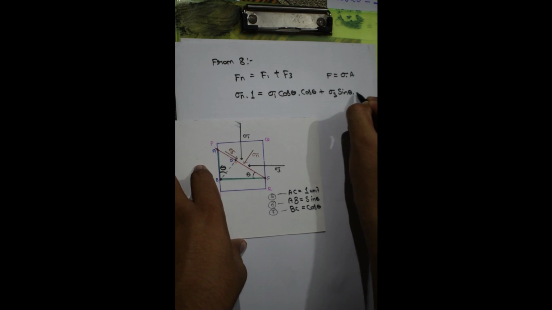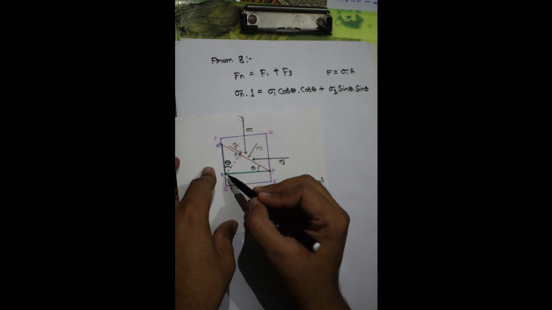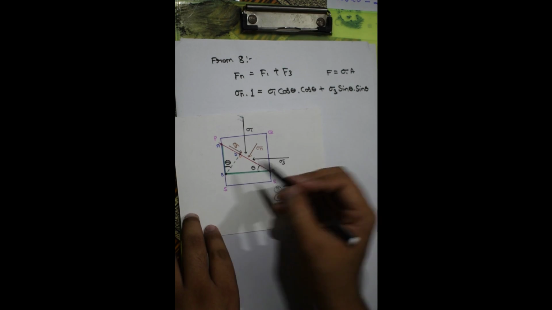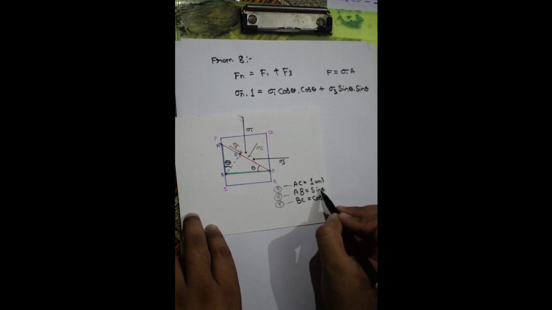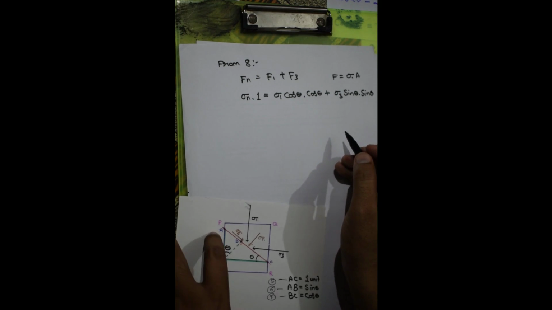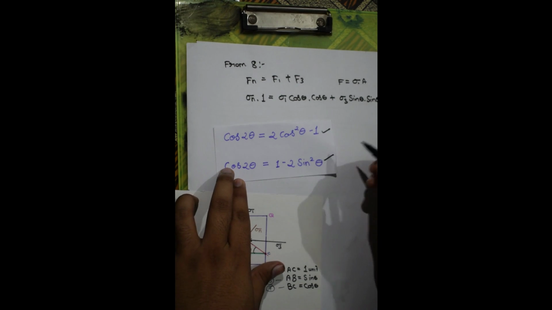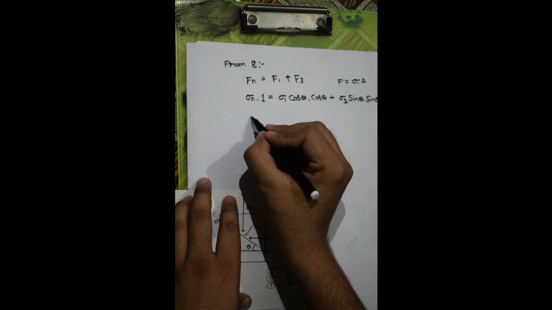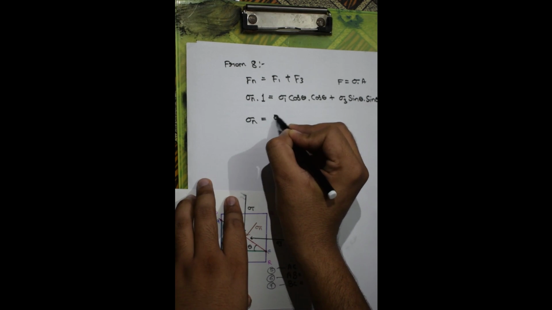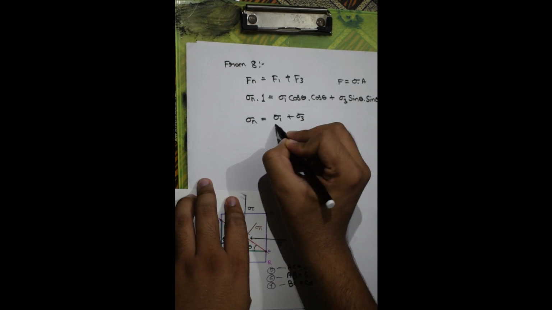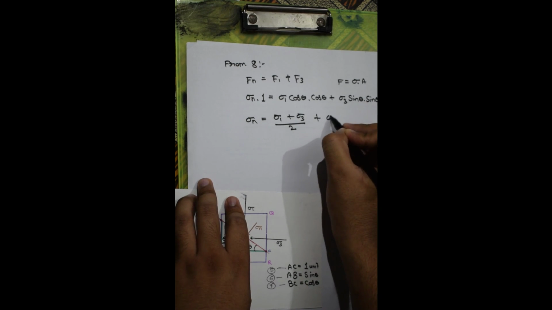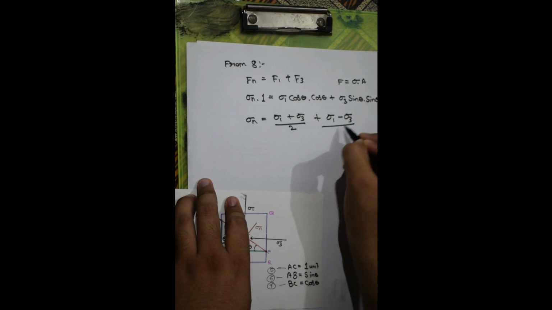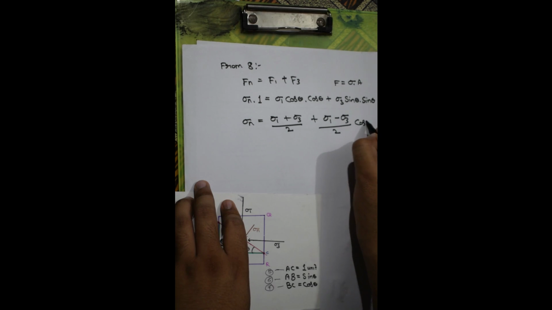Sigma 3 sine theta multiplied by sine theta, because this sigma 3 is applying on AB, having the area sine theta. Okay, and using these two trigonometric equations, we can rewrite this formula as sigma n is equal to sigma 1 plus sigma 3 upon 2 plus sigma 1 minus sigma 3 upon 2 cos 2 theta.